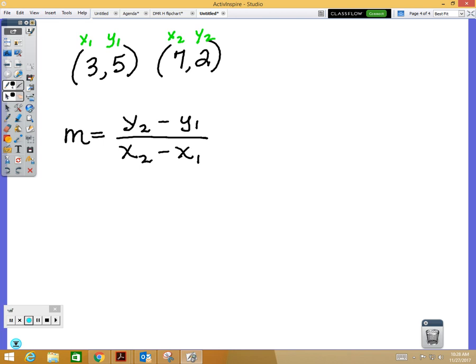Remember, the top is the rise, the change in the vertical axis, which is the y-axis. So your y values have to be on top. And our y values are the 5 and the 2. So y2 is 2, y1 is 5. So we're doing 2 minus 5, which is negative 3.